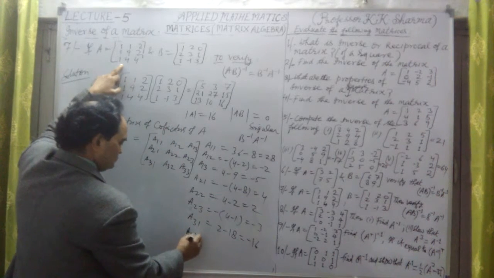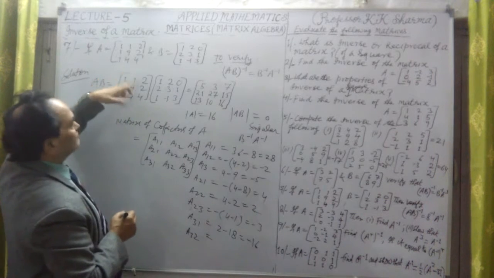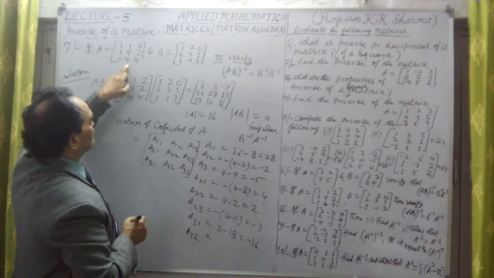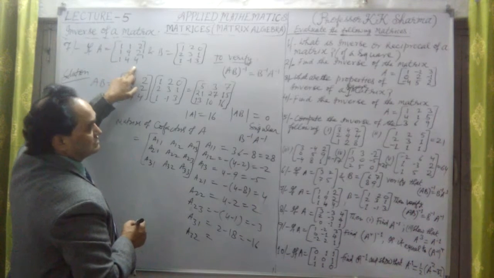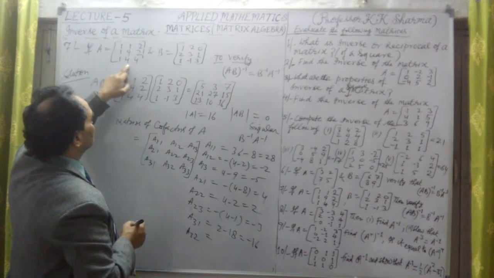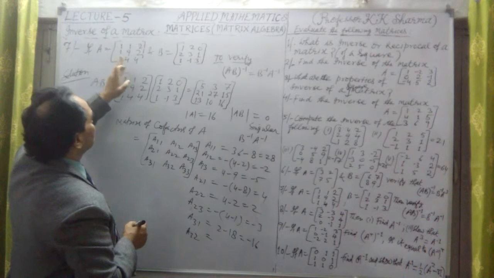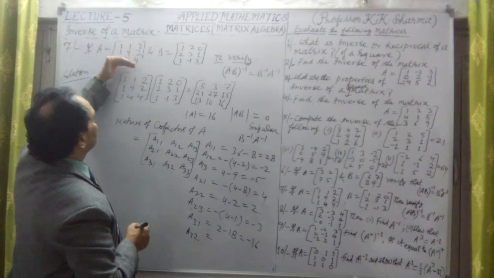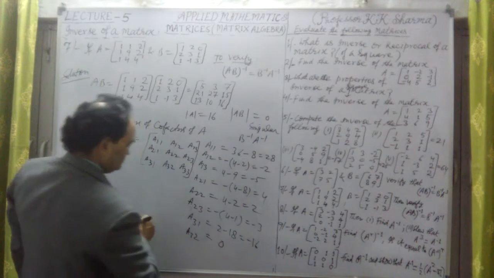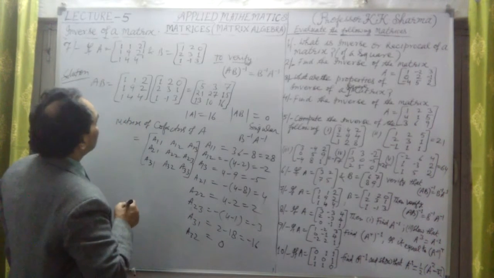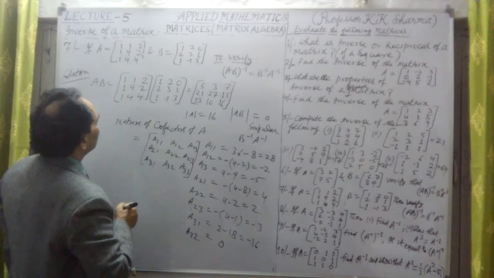Alright, then how do you calculate A32? A32 is for 4, in the third row, second element. The cofactor of 4 is to be calculated by leaving this row and column. It is 2 minus 2, 0. It is 0 here. Negative 0 or 0 only.